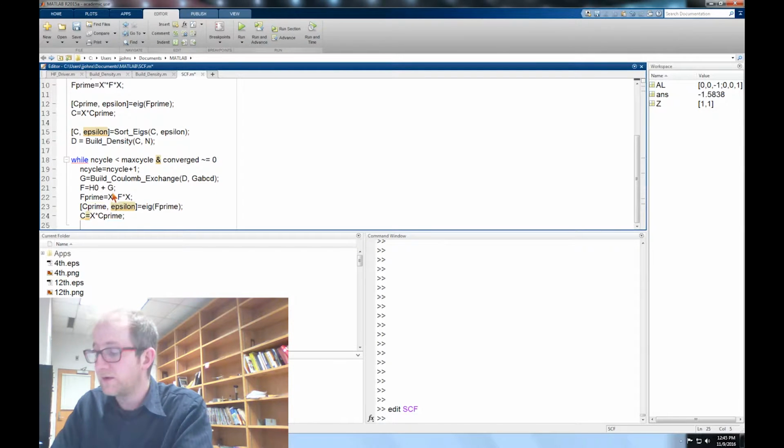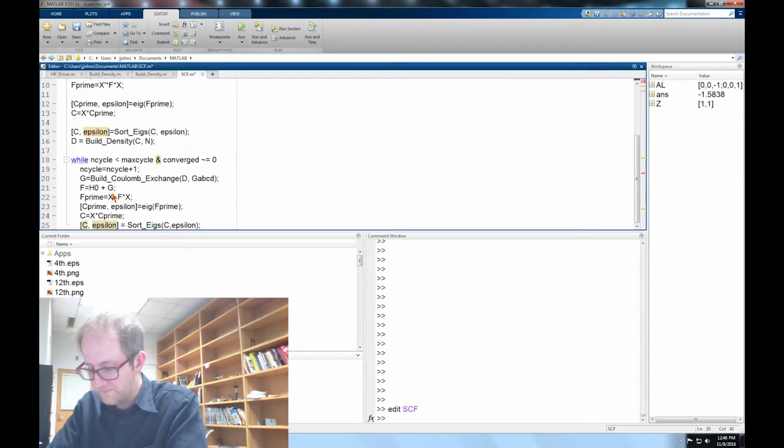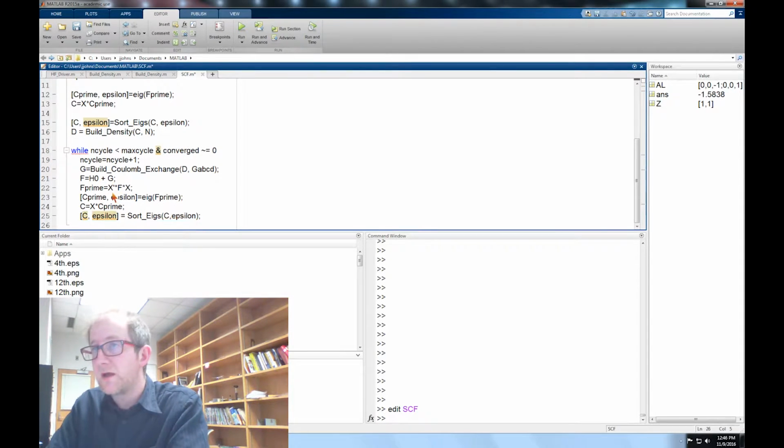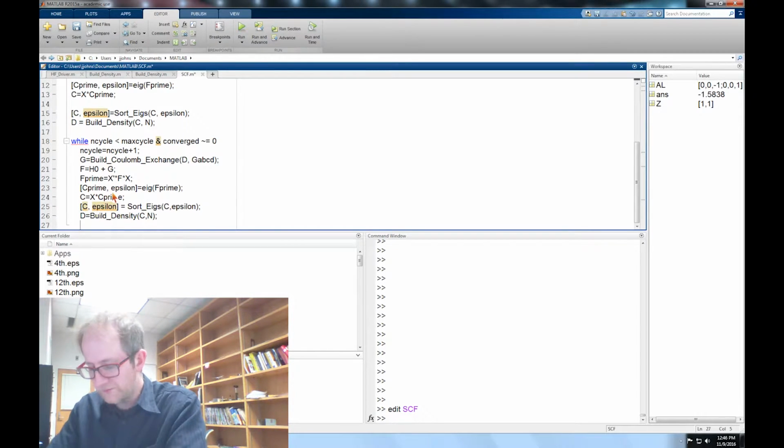Let's sort them again: C, epsilon equals sort eigs C, epsilon. Okay. Now we need to build a new density matrix. D equals build density C and N. We have our new density matrix.